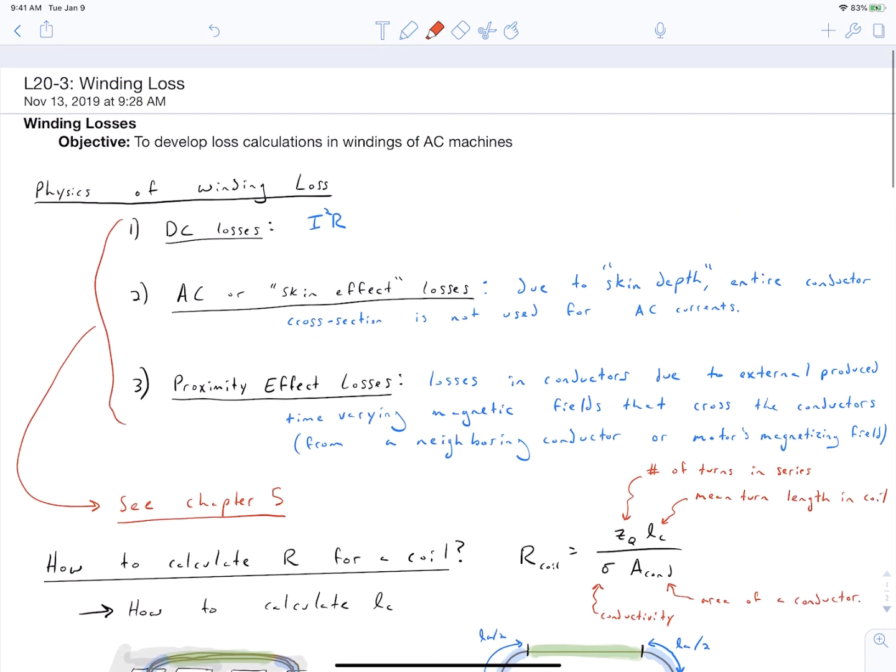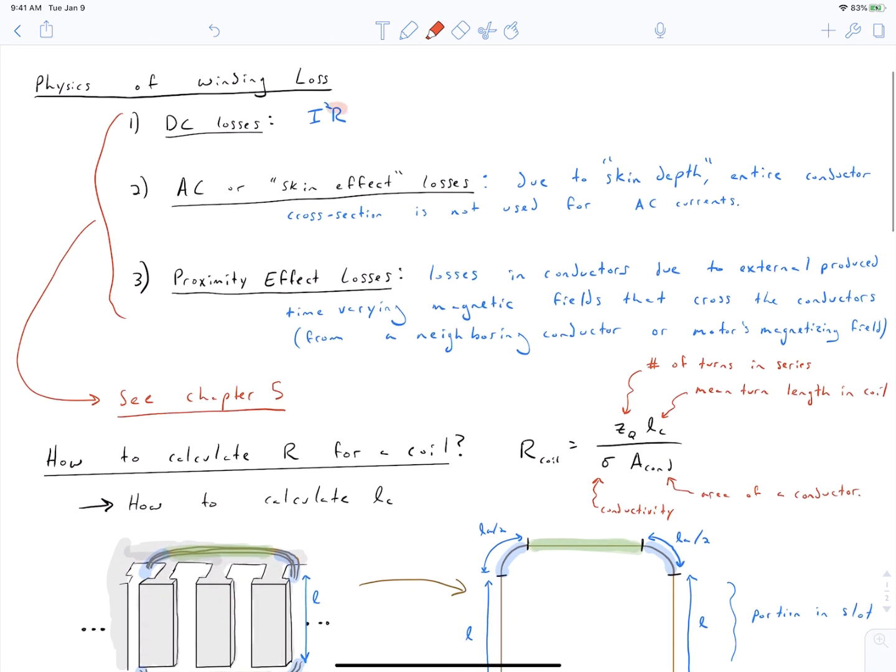When we have that, we can calculate our phase winding losses as I squared R. If we have skin effect, then we can modify that to account for skin effect. Separately, in your book, you can learn about how to calculate proximity effect losses, and I'm also going to be assigning some reading material that deals with this. But our focus in our modeling is going to be on I squared R losses of our machines.